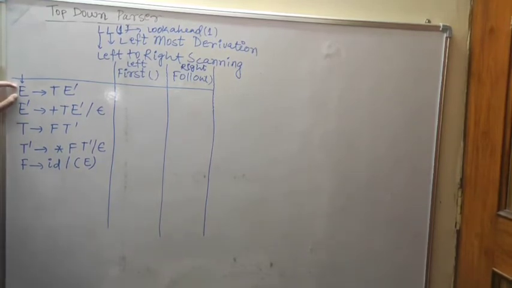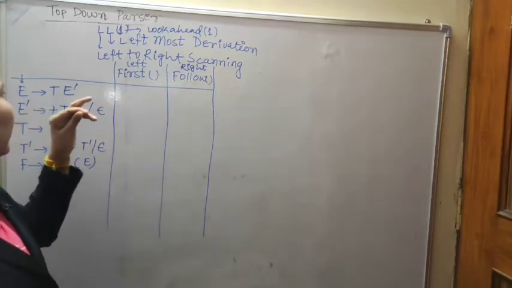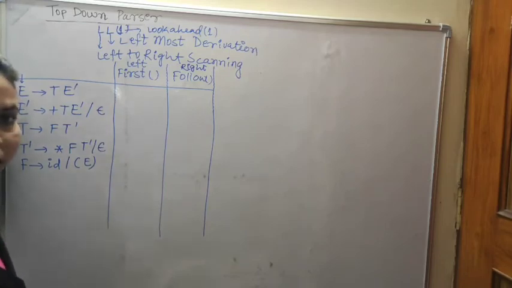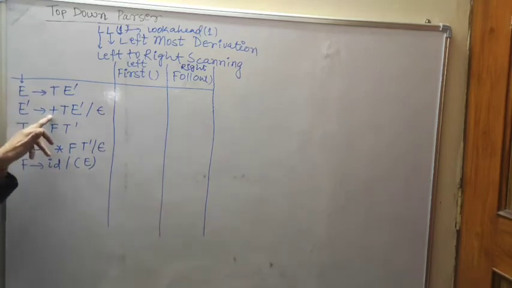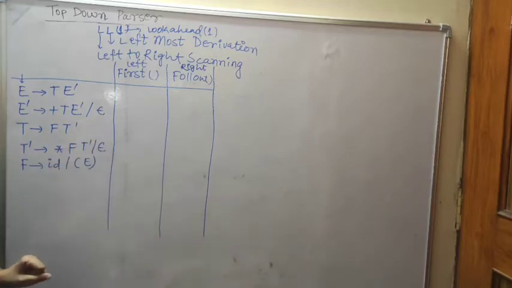Always remember that first and follow functions are found only for the non-terminal variables, not for the terminal variables. The terminals are plus, multiplication, ID, open braces, close braces, and epsilon is given here.